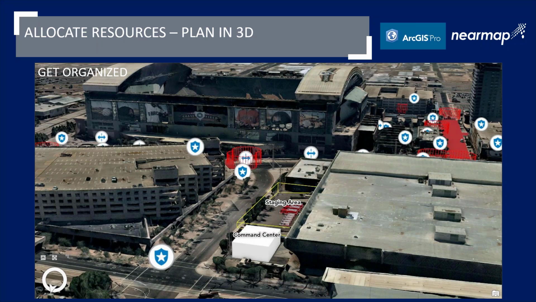And you can see here, you can place buffers around your resources so that you can say, all right, no one is going to be more than 20 to 25 yards away from someone else. This is our staging area and our command center, where we have our servers up and running.